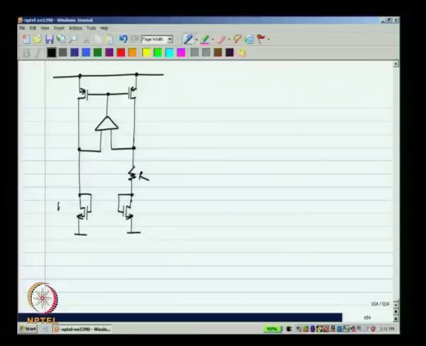Let us say this has a certain W by L and this has n times W by L. Okay. And we will assume that it is operating at an operating point which is different from 0.